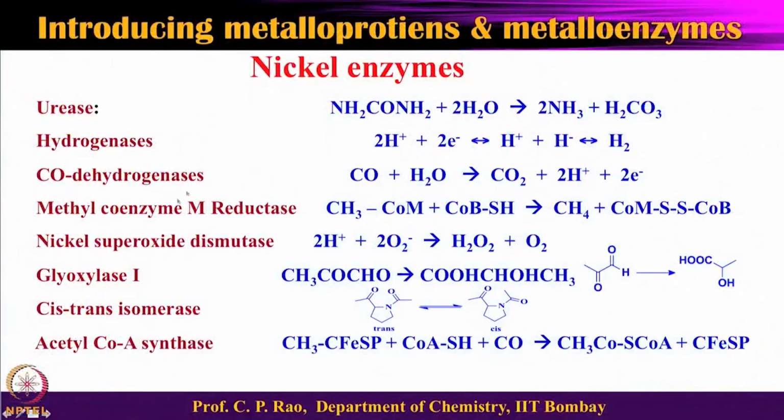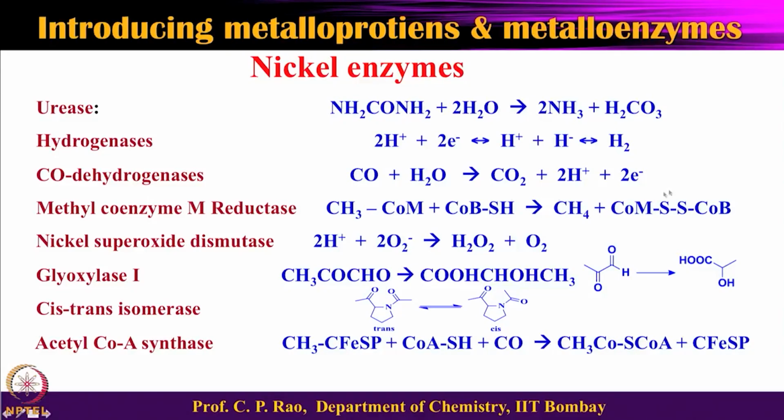How is it able to do that? We have already seen that except the glyoxylase, you have some kind of a gaseous molecule either utilized or generated in the reaction that we have seen.